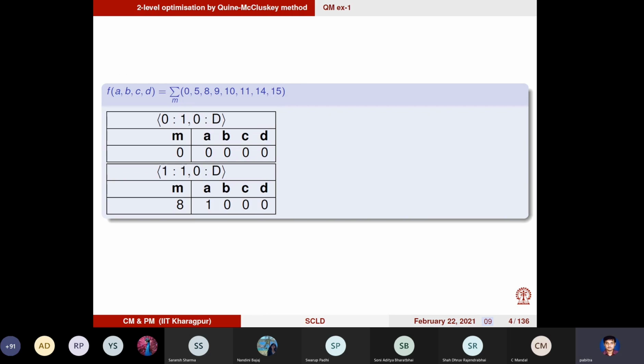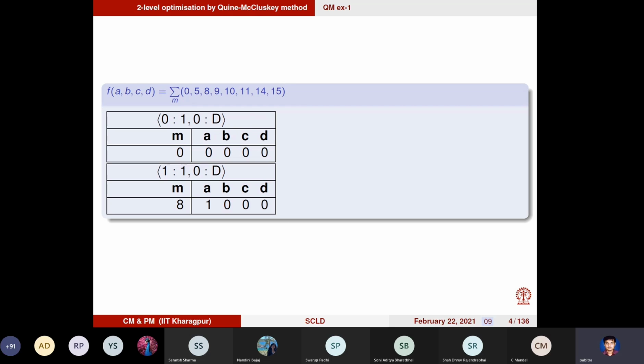Let's say it is a function of 4 variables, and it is a summation over the minterms 0, 5, 8, 9. These are the numbers we discussed in the discussion for the Karnaugh map.